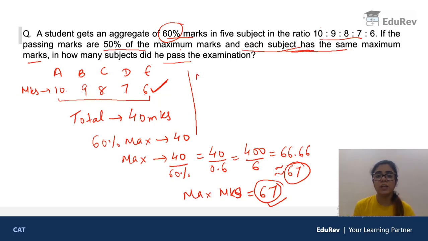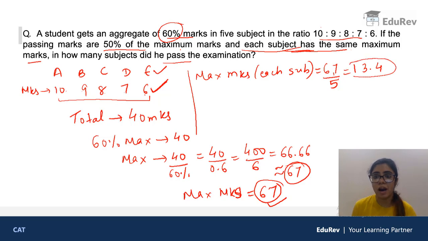So if I ask you what is the maximum marks of each subject, what will it be? That will be 67 upon 5 because we have 5 subjects. So this will become 5 1s are 5, 5 3s are 15, 5 4s are 20. So this is the maximum marks of each subject, 13.4.